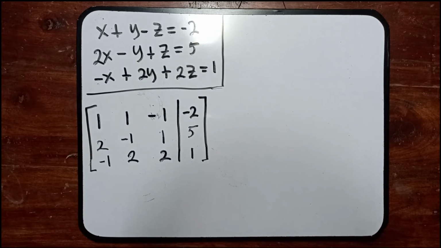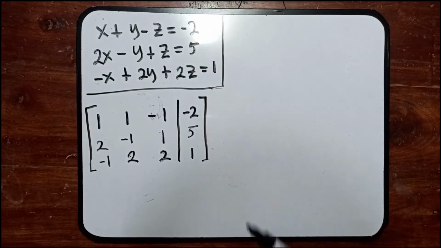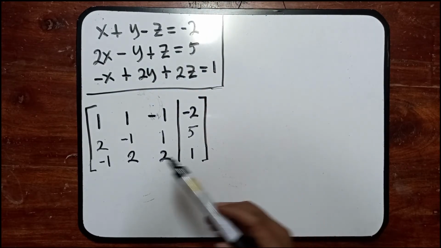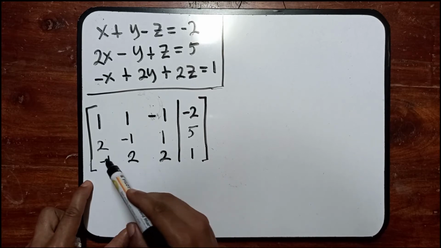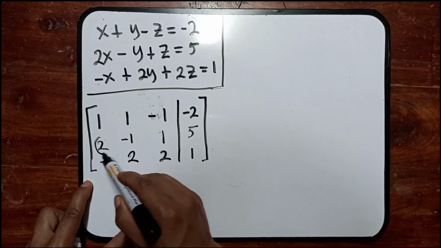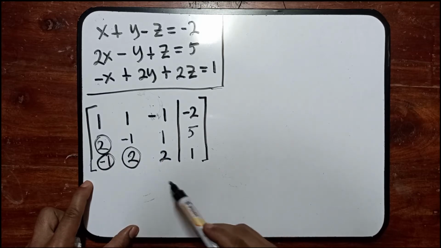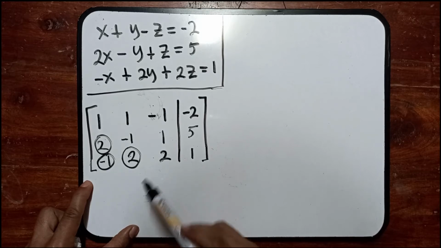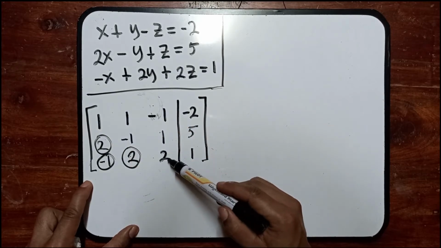Next, after transforming the system of equations into an augmented matrix, remember our goal is to turn this one, this one, and this one, these numbers in circles, into 0. And then we have to maintain a diagonal of 1s here.